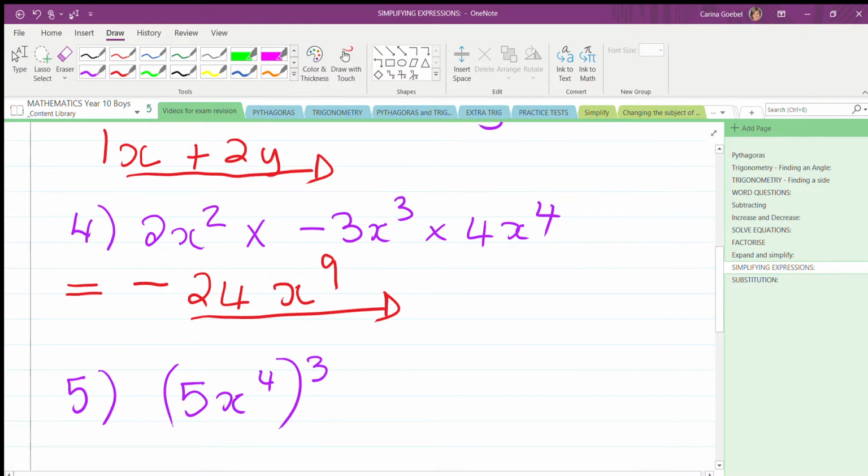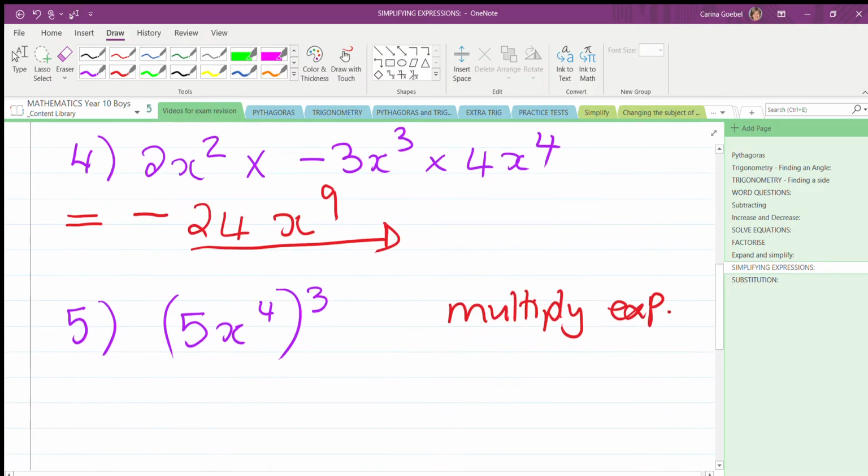Next question, another variation with exponents is that when there is a bracket between your exponents, you have to multiply your exponents. So therefore, that is going to be 4 times 3, but let's just first take care of the 5. 5 to the power of 3 means 5 times 5 times 5.